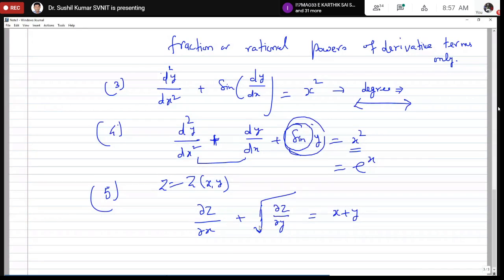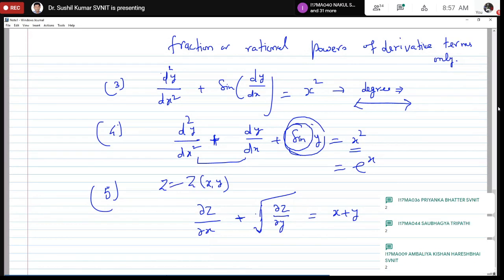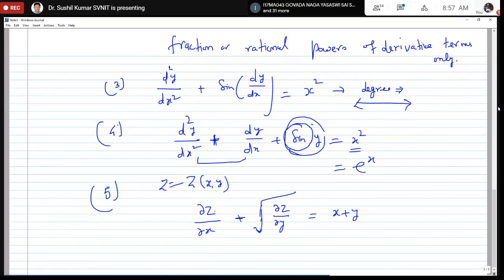What is the degree of this equation? Anybody? 2. Yes. The degree of this equation is 2 because we have to remove the fractional power. So if you remove the fractional power, then del z over del x will be of power 2. So the degree will be 2.